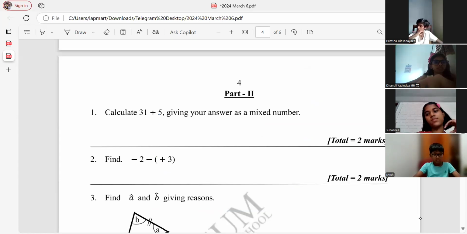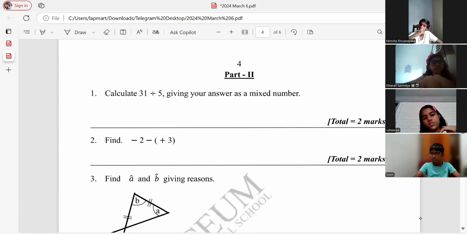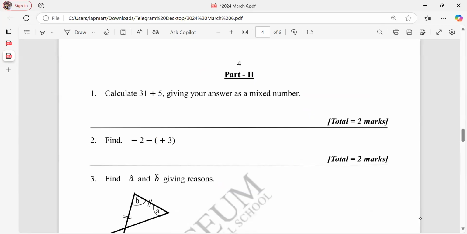So we will move to part 2, right? So then here, in part 2, we have 31 divided by 5. So what you do, you write 31 and divide by 5. 5 times 6, 30, minus 1.